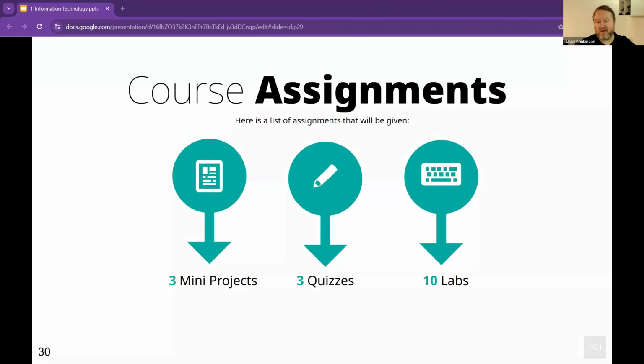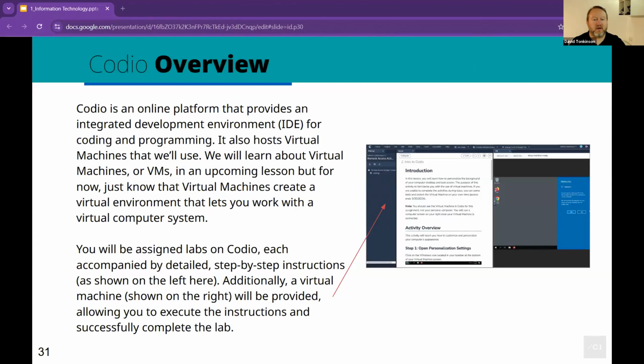Okay, let's drop into a quick glance at CompTIA. CompTIA is an online platform that basically allows us to integrate a development environment, so a play pit, where you can do some coding, programming. We tend to use it for virtual machines. And when you drop into CompTIA through your training portal, you will find a set of labs.